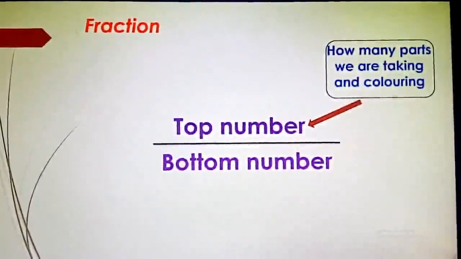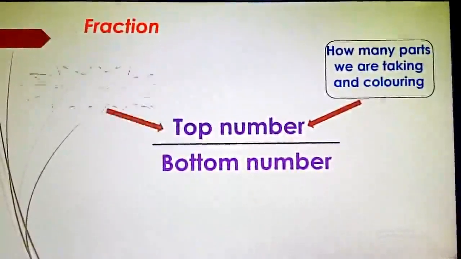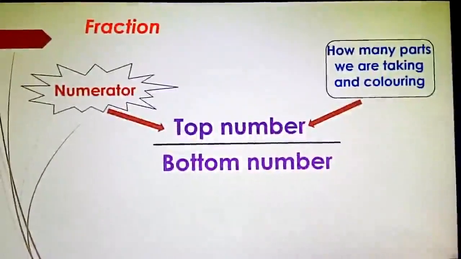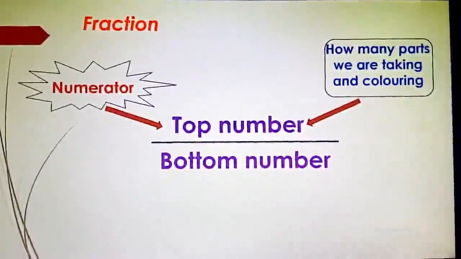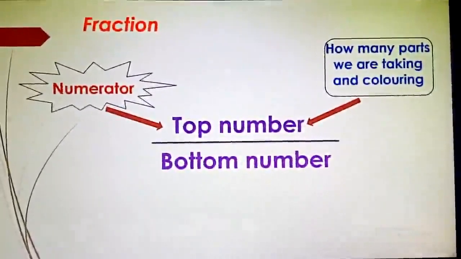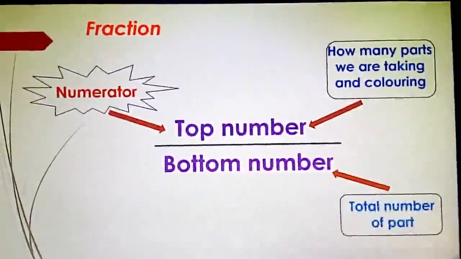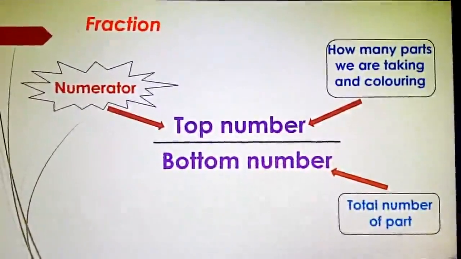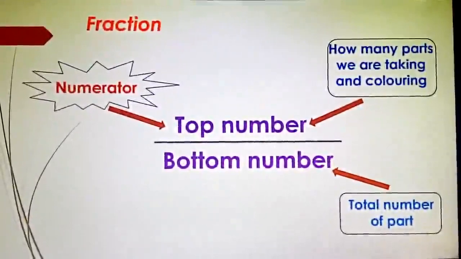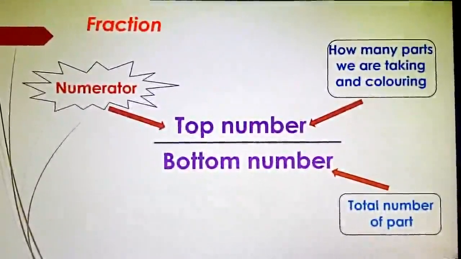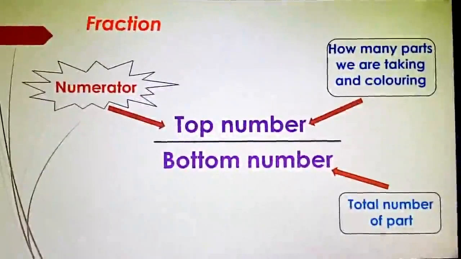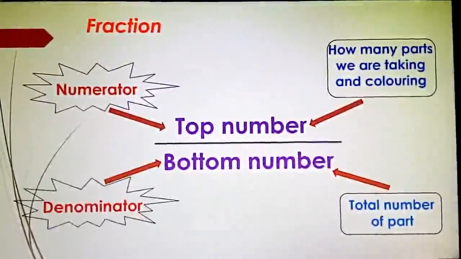Okay, the top number is called numerator. Then we write the bottom number, which means the total number of parts, which is called denominator.